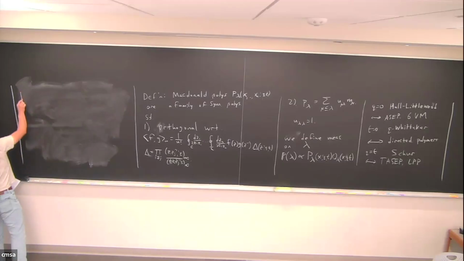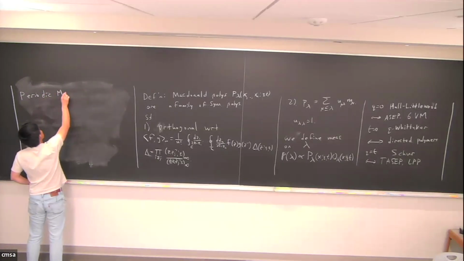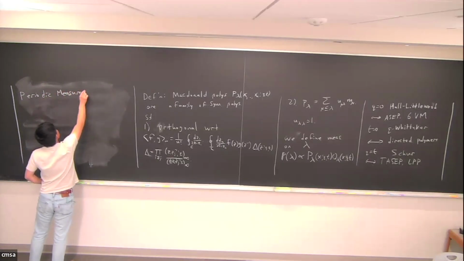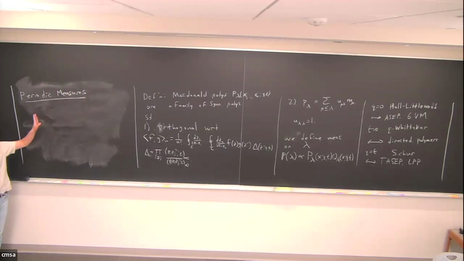So let me now begin with the periodic setting. In my opinion, the free boundary ones are more interesting, but the periodic ones are easier to talk about. So I will spend maybe more time on the periodic case, and a little less time on the free boundary case.